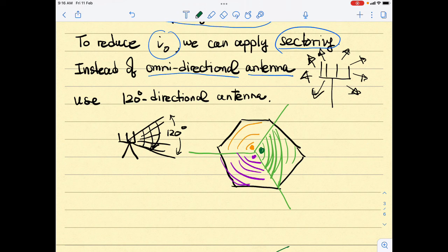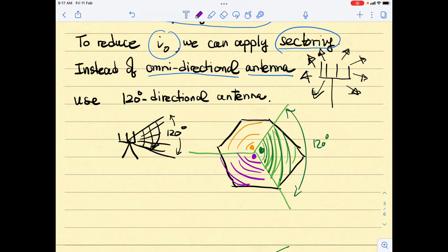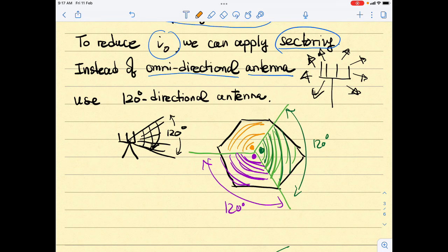First one may be here, and then it's gonna cover only 120 degree. Next set of antennas only covers users in this direction, and again this is gonna be another 120 degree. And then the last one, right?